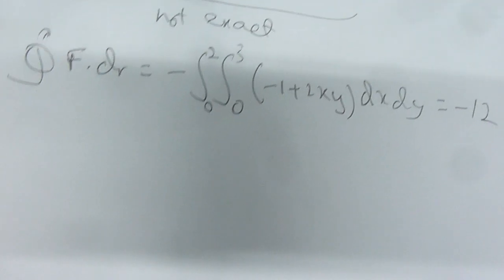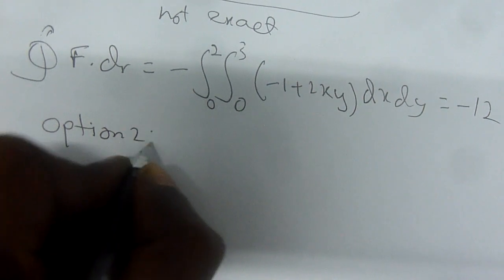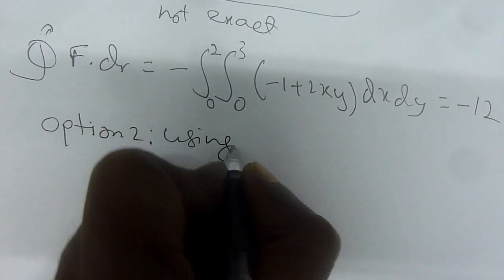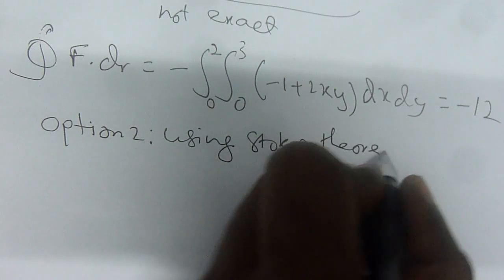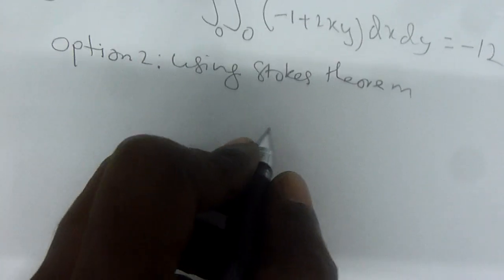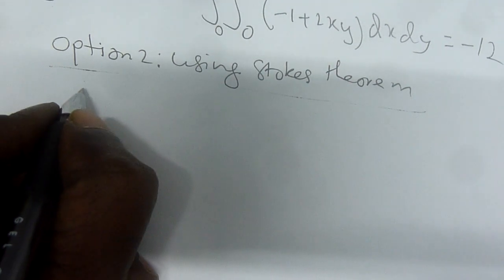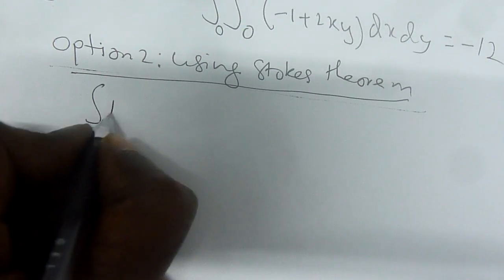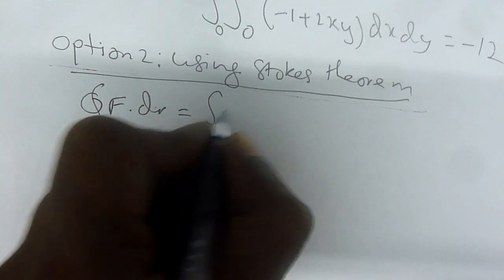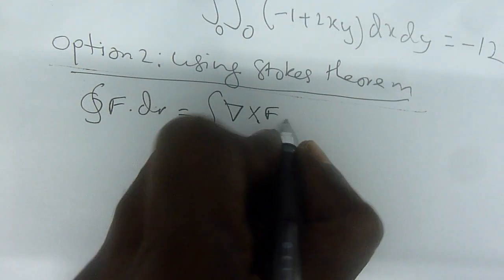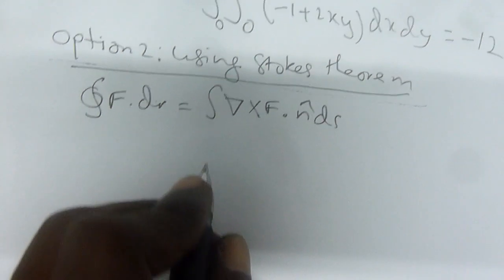Now we use option 2, using Stokes' theorem. You see the same approach, we are finding the integral of curl F dot n dS. Wow, we need to do how many segments? 5, it's not a joke.